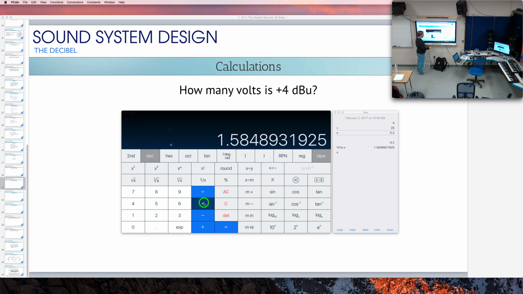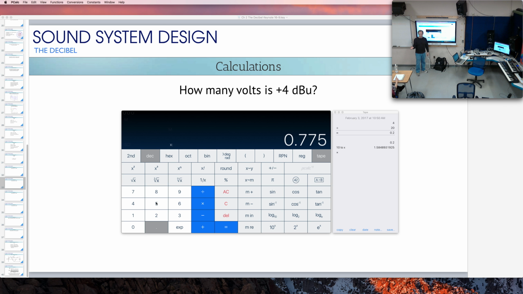Times the reference level, which is 0.775 volts. So remember, that number that we had, that 1.58489, that is the magic number. You multiply that number by any voltage level, and you will get a voltage value that is 4 dB more. And in this case, we're going to multiply it by 0.775, because 0.775 is the reference level for dBu.